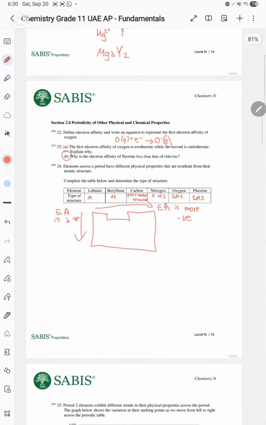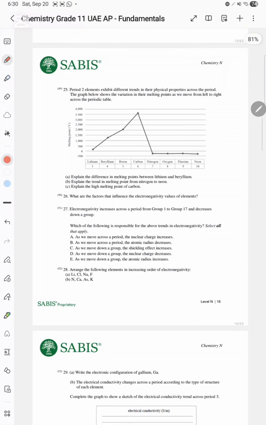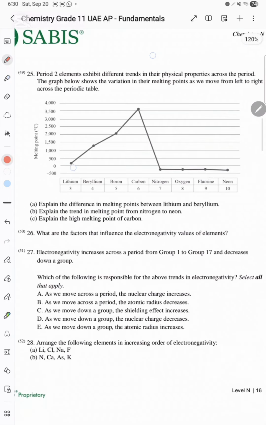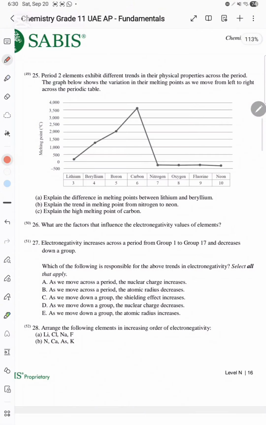So now the next question. Period 2 exhibits different trends in its physical properties across the period. The graph shows the variation in the melting points as we go from left to right. Now it's asking us to explain the difference in the melting points between lithium and beryllium. The strength of the metallic bond increases when the nuclear charge increases and the number of valence electrons increases.